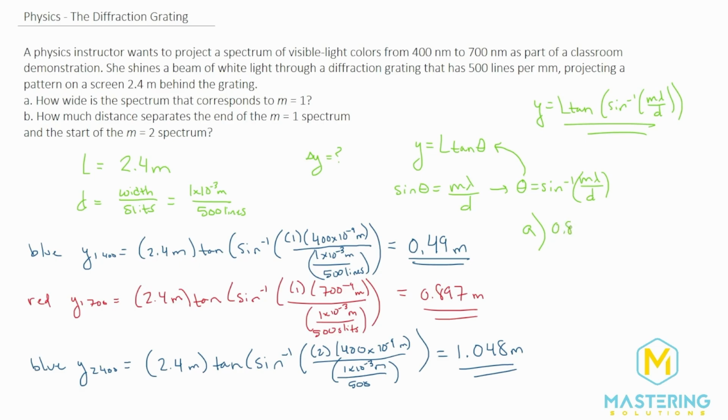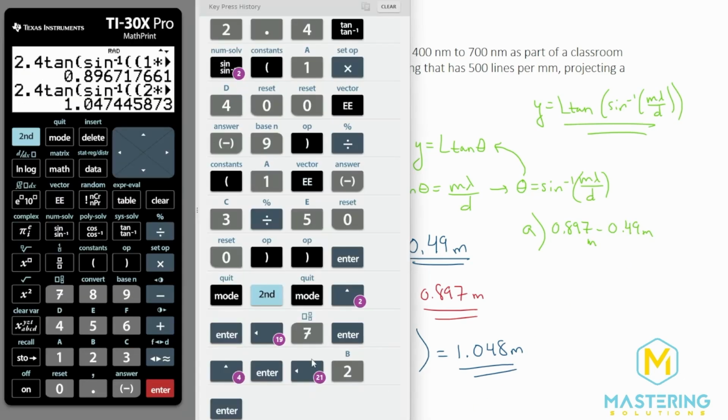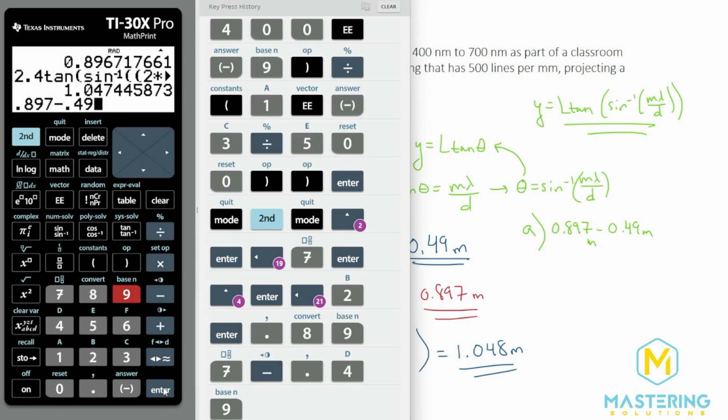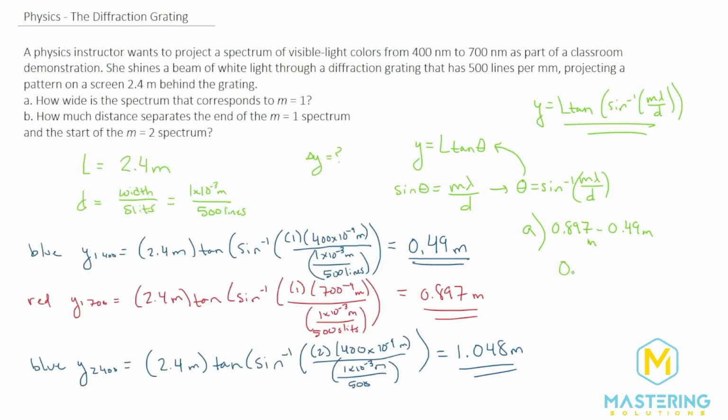So we take 0.897 meters and subtract 0.49 meters. And that gives us the width for the first part: 0.407. You could round that to 0.41 meters. So that's how wide m1, the width of that bright spot, is.